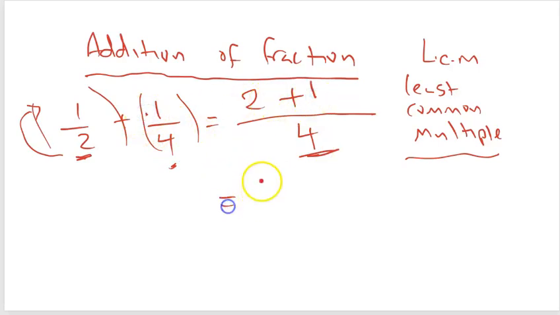So your answer will be 2 plus 1 is 3, and the LCM is 4. That gives you 3 out of 4 as the solution of this example.